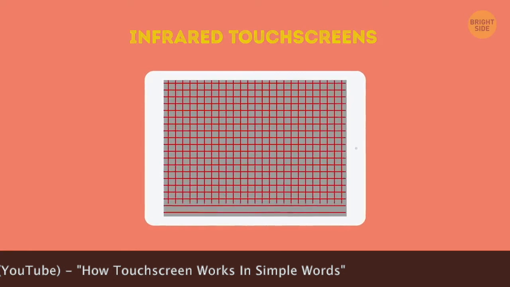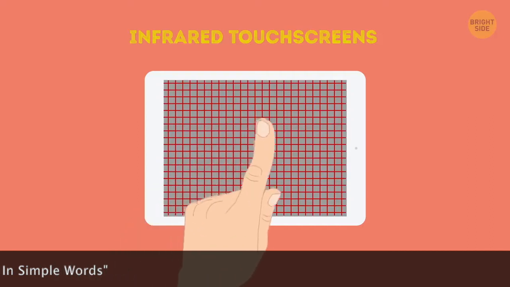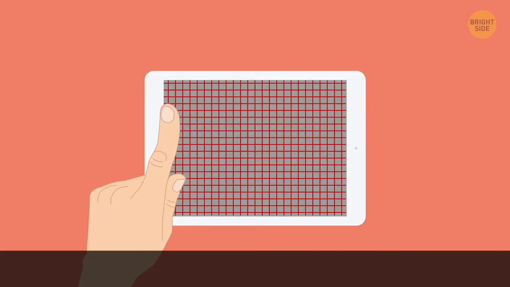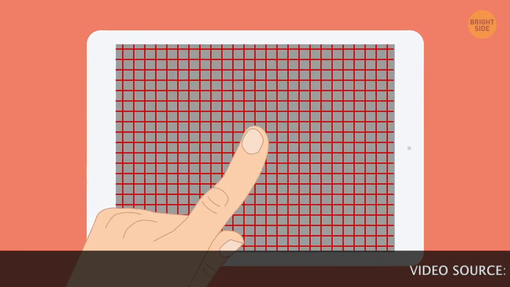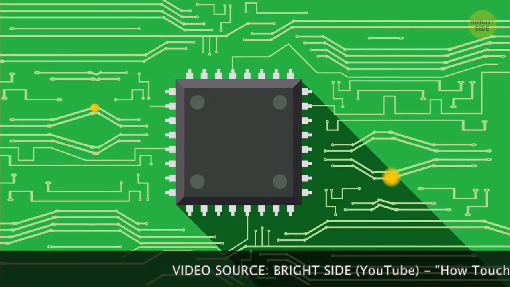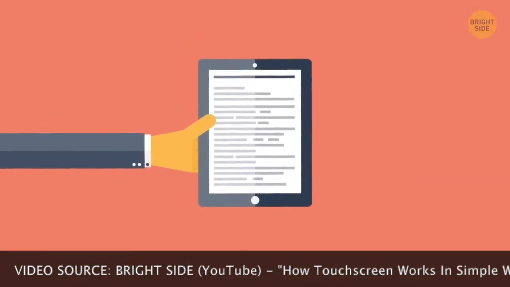Their displays shine infrared light in front of the screen, kind of like an invisible spider web. As soon as you touch the display, your mission's failed. Just kidding. You'll just interrupt a couple of the infrared rays, and it'll set up a reaction. By analyzing which rays you've interrupted, a microchip in the screen will then know your intentions. Most e-readers have screens like that, by the way.